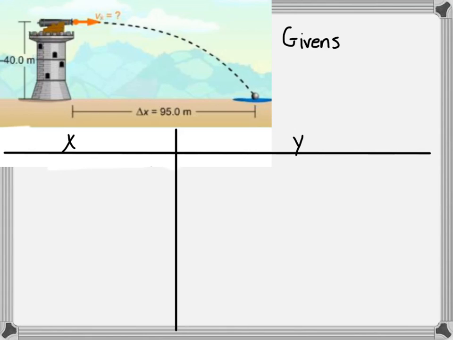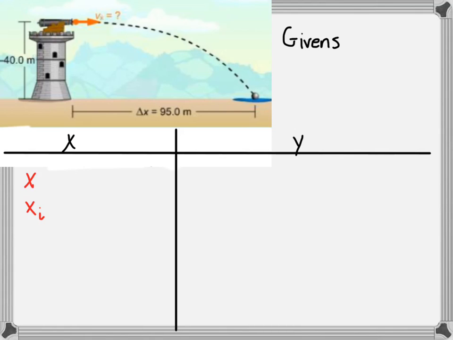So let's figure out what's given to us in the X direction. Well, if we think back to our one-dimensional kinematics problems, there were 6 different variables we could identify. And the first ones were the initial and final position.